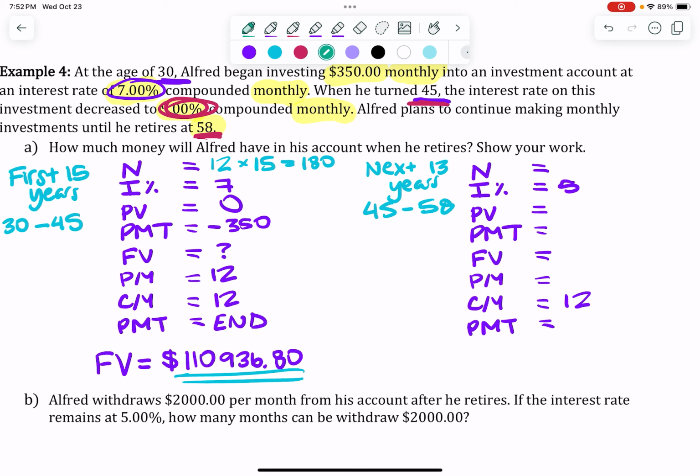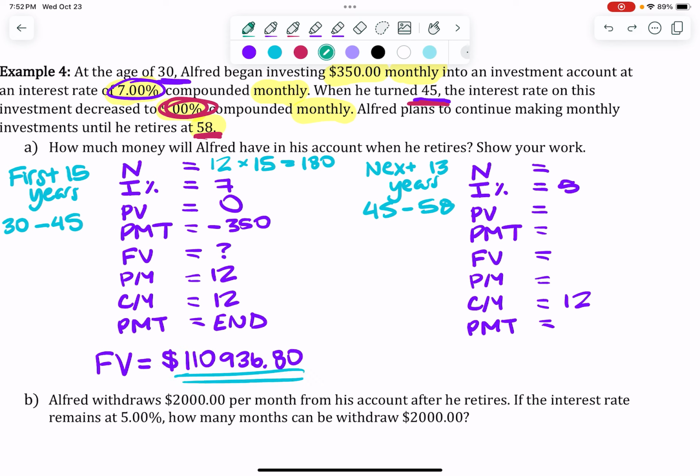I understand at 45, he's not making a one-time lump sum, but there is money in that account when he is 45. How much money's in that account? Well, that first TVM we calculated is how much money he has at 45.